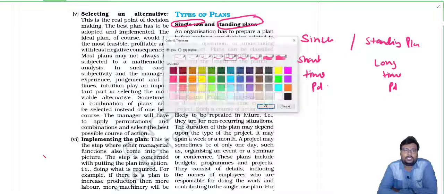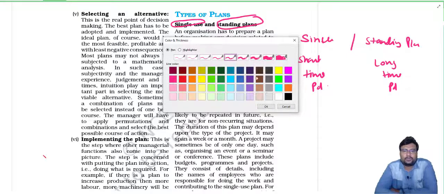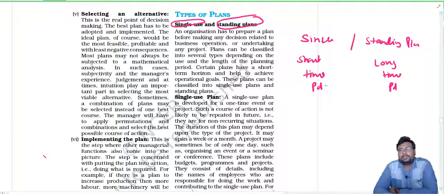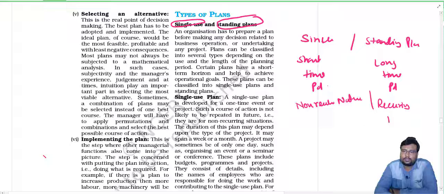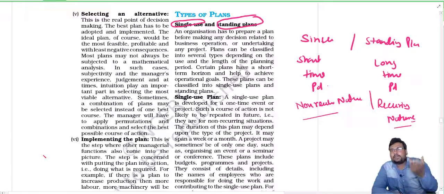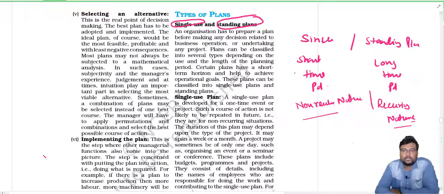Generally, the short time period plan is on non-recurring nature, and standing plans are on recurring nature, meaning non-repeated basis and repeated basis. So this is number 1 and this is number 2.